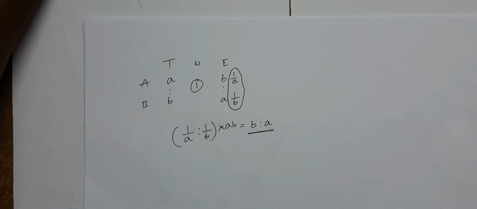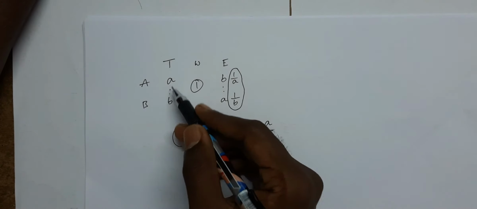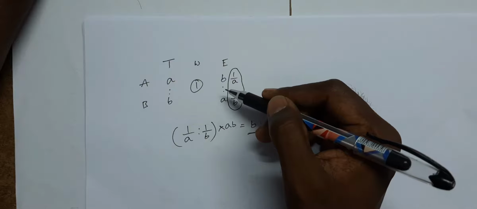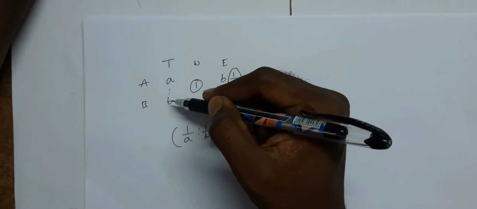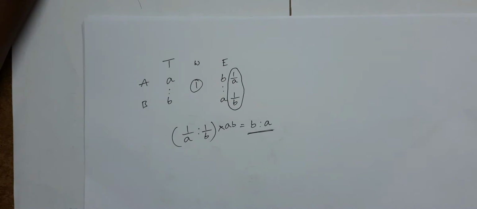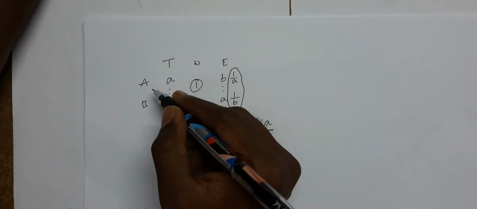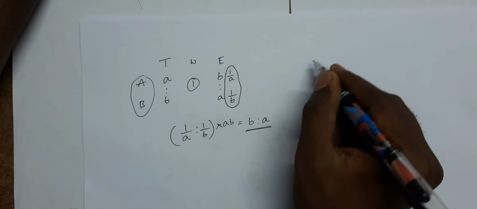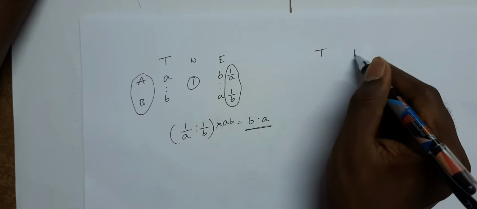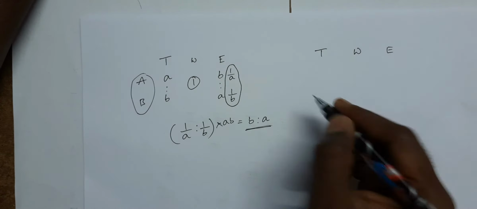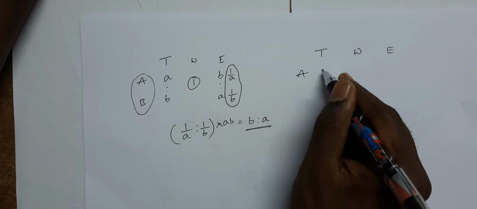So many persons may tell you that the ratio of efficiency is the reverse of the ratio of time taken by them, but it is applicable only up to 2 persons. If you take 3 persons, then the scene will be different.